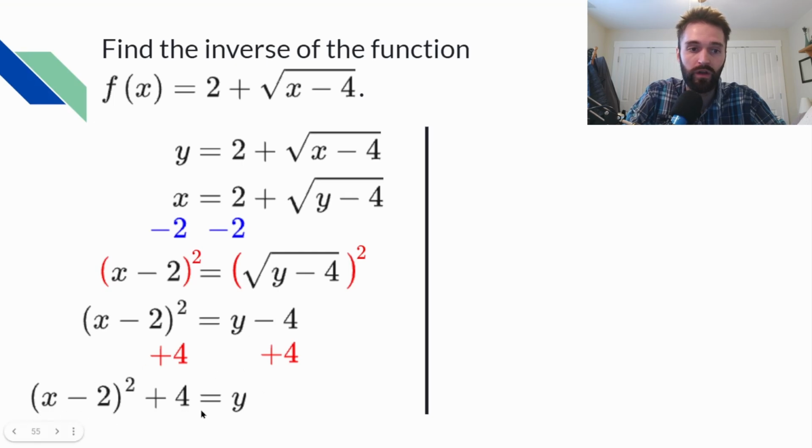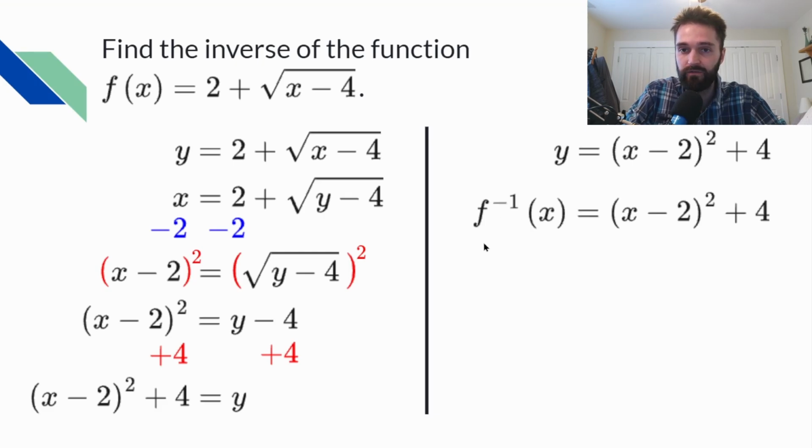It's equal to this. Let's take this equation to the top of the screen, and let's also swap the left and right-hand sides. y equals this. Which means that f inverse of x is equal to x minus 2, the whole thing squared, plus 4. This is the function formula for the inverse.